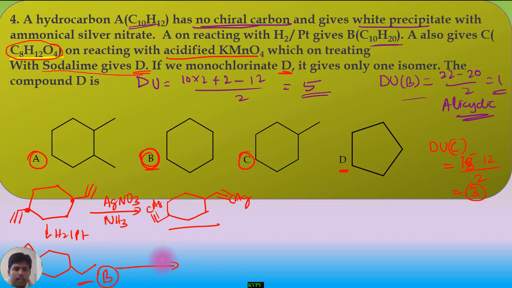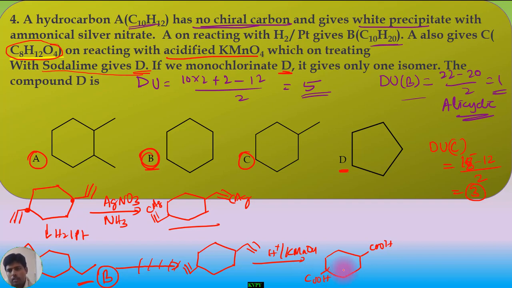And they have mentioned A reacts with acidified KMnO4 to give C. So let us react A. In the presence of acidified KMnO4, it should give a carboxylic acid at the 1,4 position.